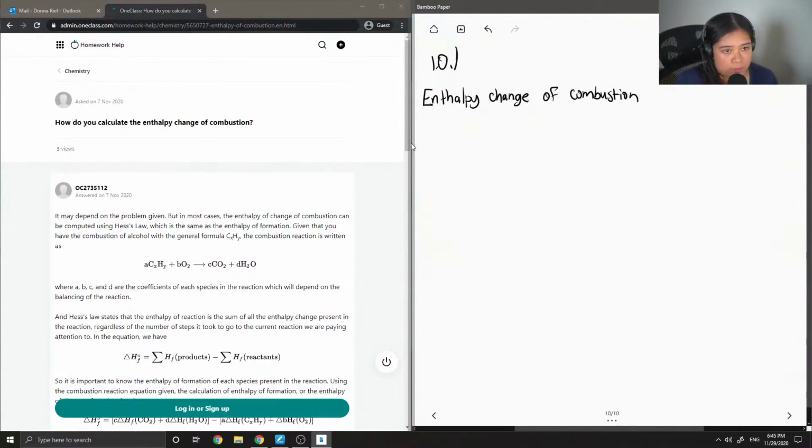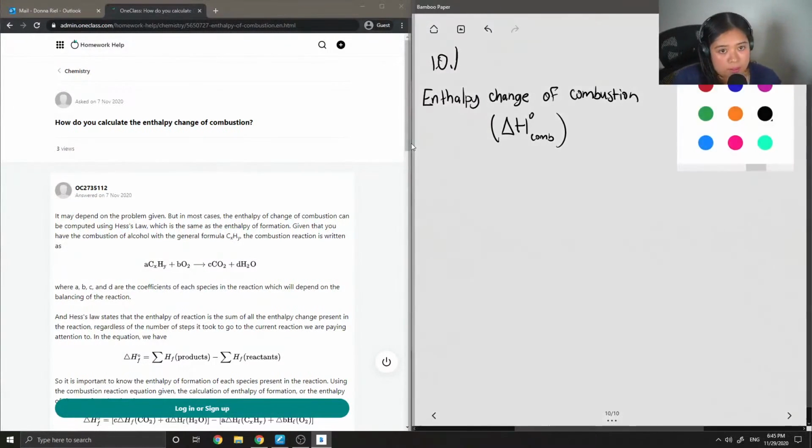And its symbol, the delta symbol stands for change. So delta H is enthalpy. Then I'll just put combustion down there.